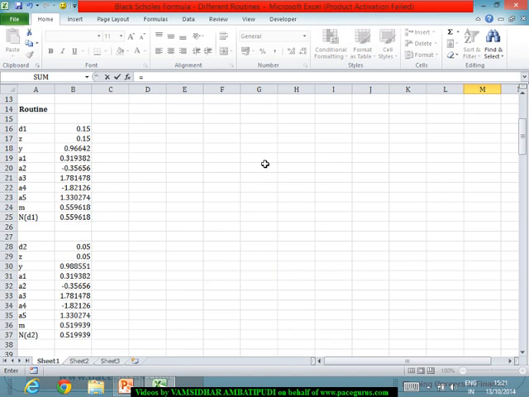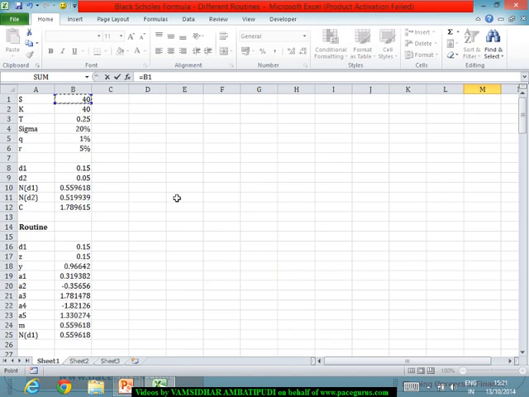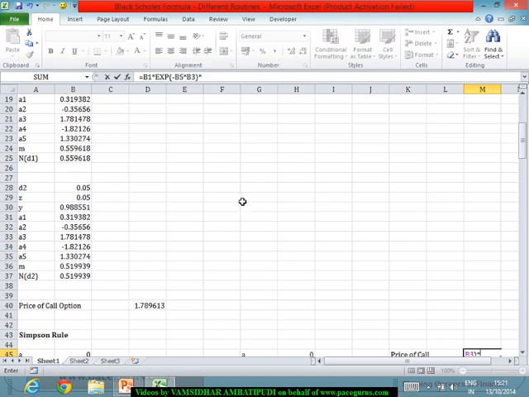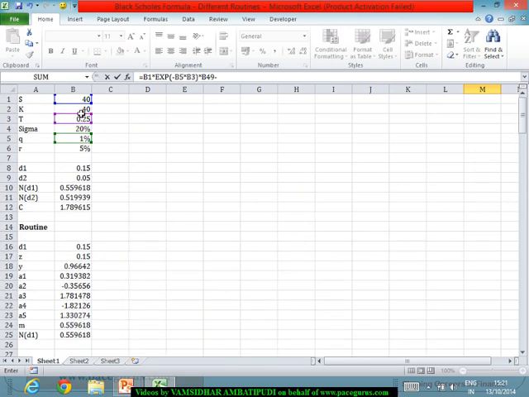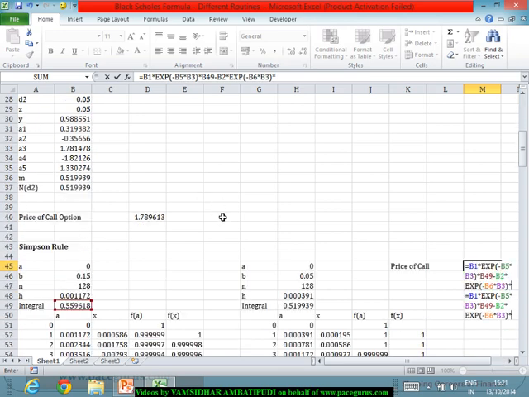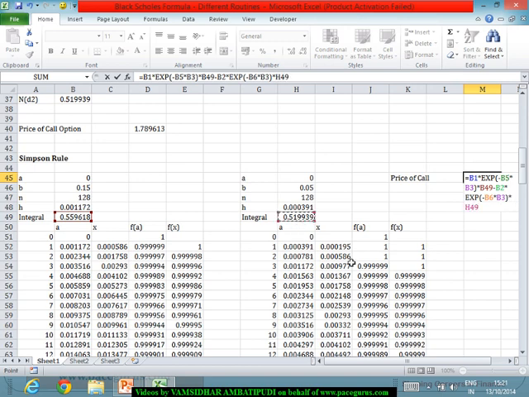wherein I am taking the spot price times e to the power of minus qt times N of d1, N of d1 obtained through the Simpson's rule, minus the present value of the strike K times e to the power minus rt times N of d2 computed through the Simpson's rule.